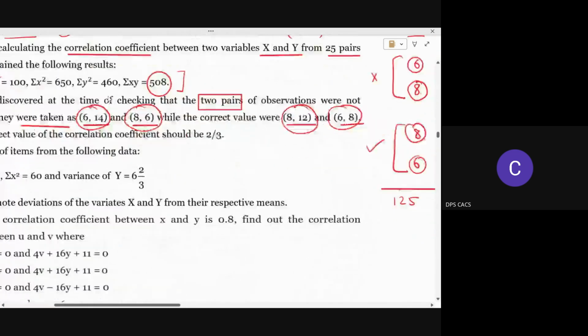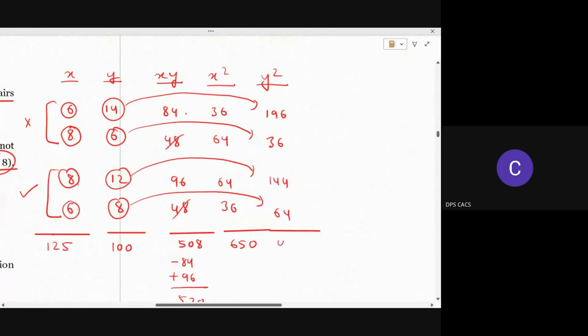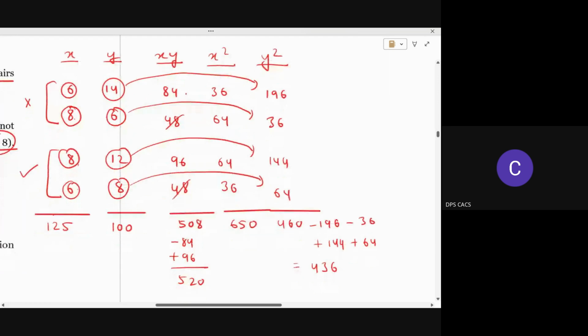Oh, correct. 460 they have given. 460 minus 196 minus 36 plus 144 plus 64. How much? 436 is the correct figure.